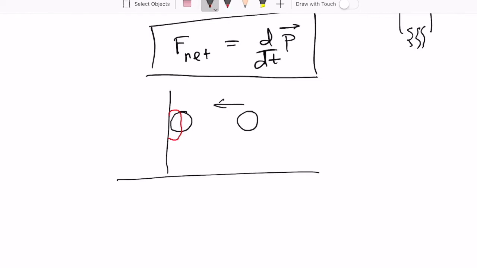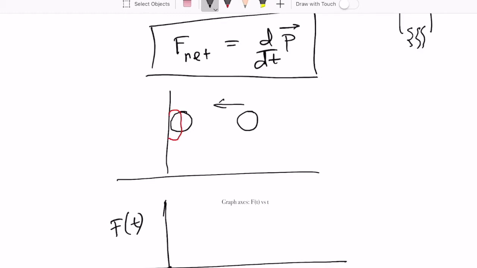So if you wanted to make a graph of the force as a function of time, the force only starts acting when the ball first makes contact with the wall, and at that time the force is small.